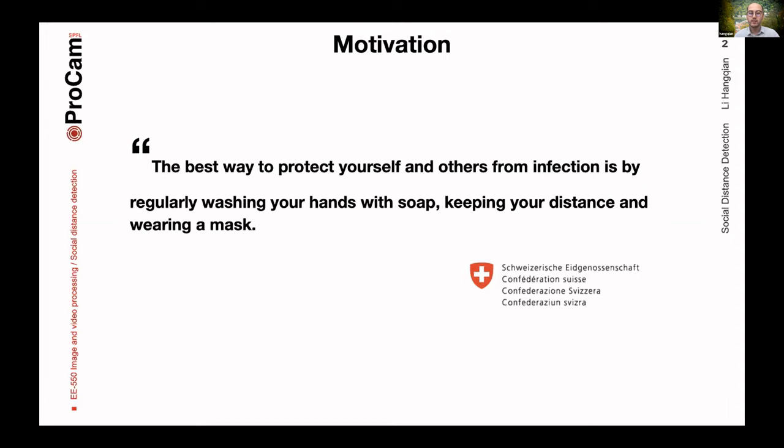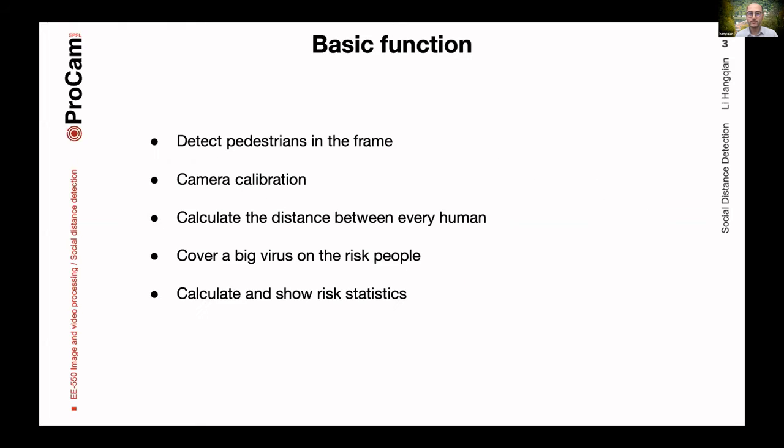Like we can integrate the system with some surveillance devices at a supermarket or train station. And if the crowds of people are at a risk level, then they can take some measures to control the spread.